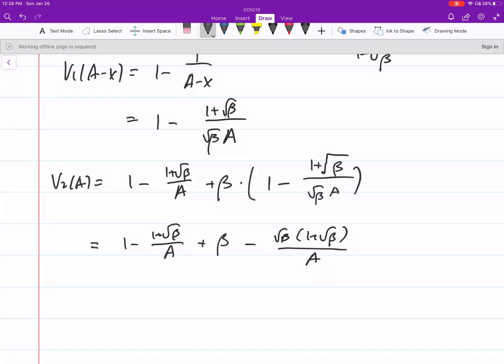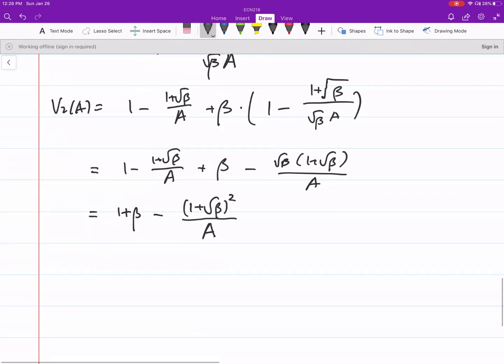Okay, and we somehow put like terms together. This is a constant term. Remember, a is our parameter, so we have 1 minus, if we do it carefully, 1 plus root beta squared over a. So that is V2 of a.